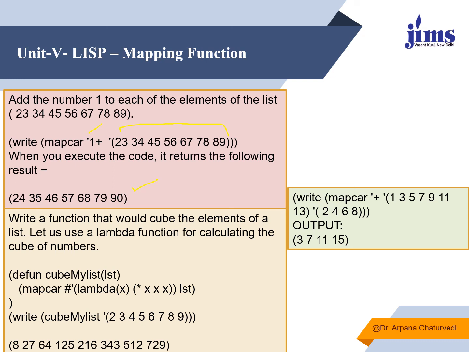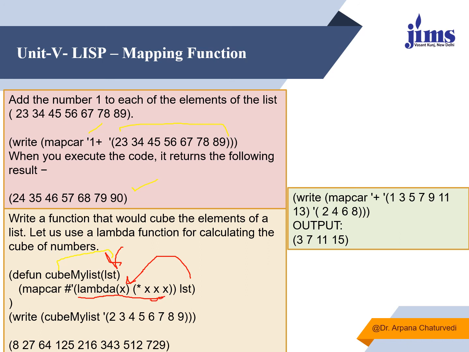Similarly, you can use it in a function also. There is a function named cube my list. I am passing a list to it. Within this I am using the mapping function, wherein I use a lambda function. Whatever the arguments in the list are, one by one they go to the lambda function, which evaluates the cube and returns it in the new list.